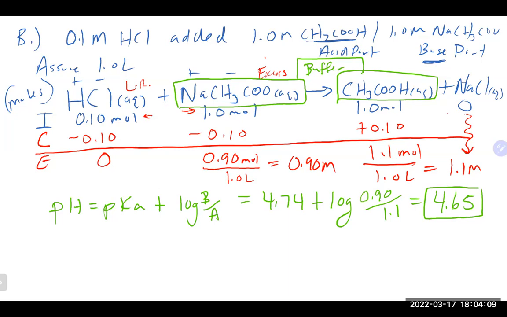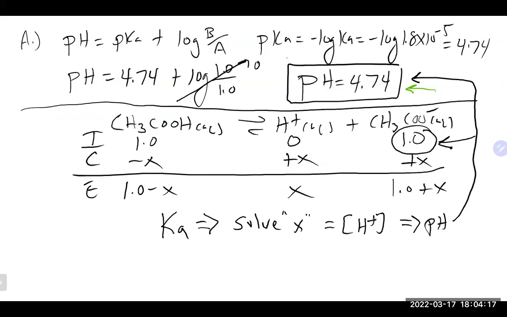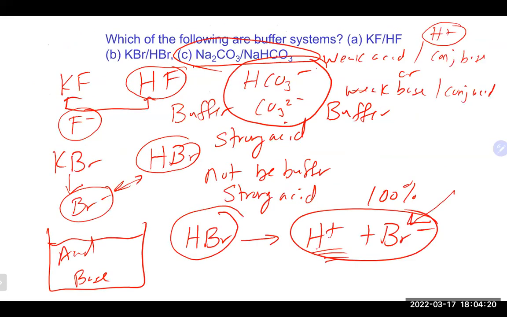So the other day we talked about how there is a limit to buffer capacity, right? So if we use the same buffer, with 1 molar acetic acid and 1 molar sodium acetate, and we'll keep everybody at 1 liter just to keep the math pretty simple.